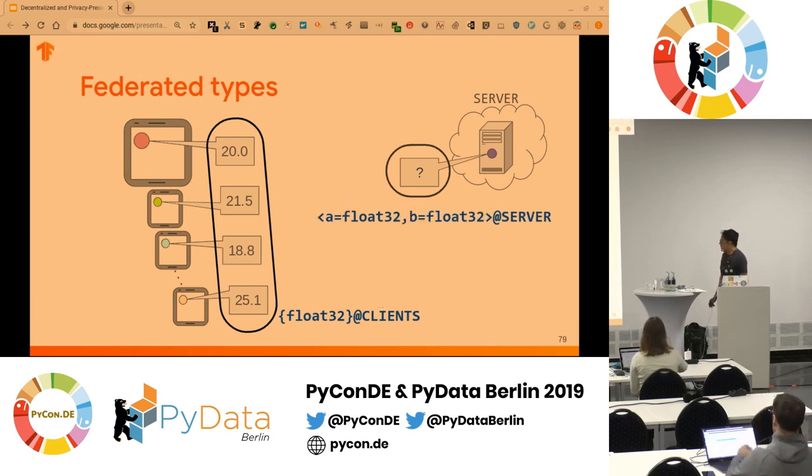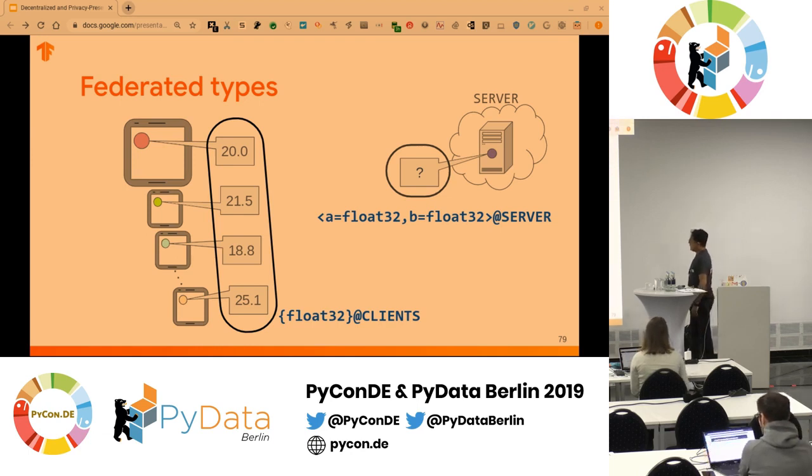A slightly more advanced federated type is that you can actually have a named tuple, right? So let's say the server did not have one value but had two values that go in together. You could do something like that. It could have a float 32 which has the label A, and another float which is B, and that's a named tuple.